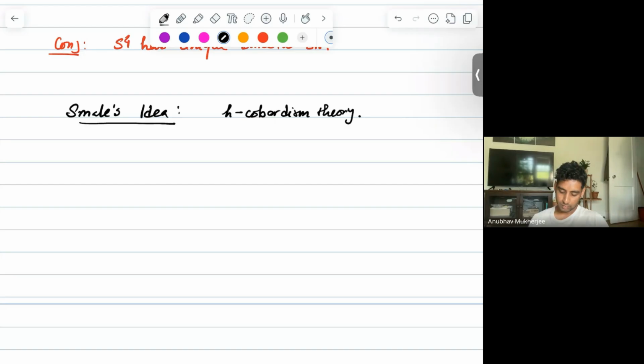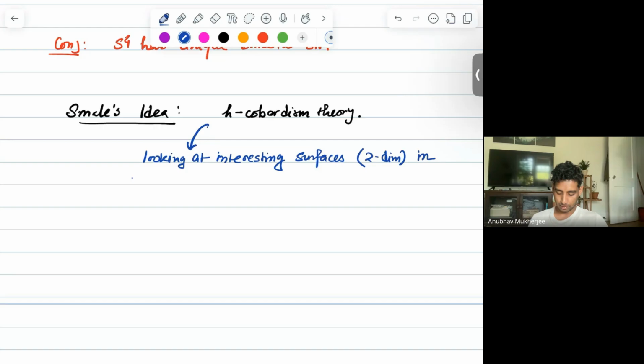To be more precise, the key idea was to look at interesting surfaces in n-manifolds, which we can think of as two-dimensional objects, and try to make them disjoint.